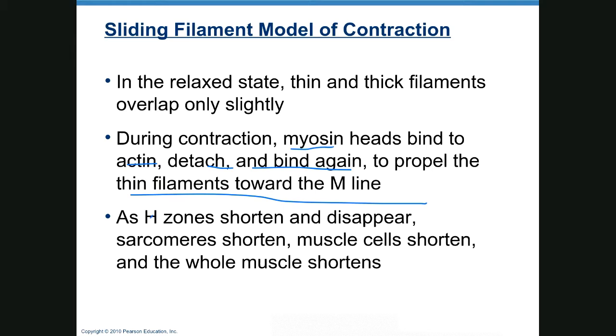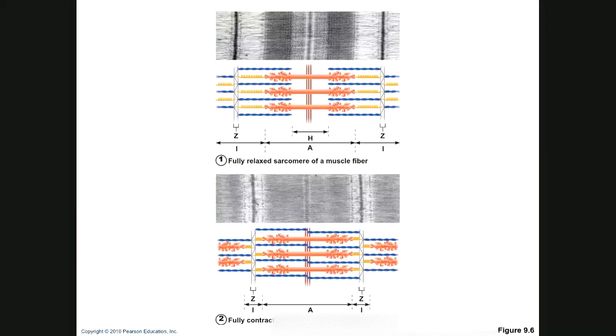H zones shorten, sarcomeres shorten, the entire cell shortens, because as each sarcomere shortens, that causes the entire muscle to shorten.